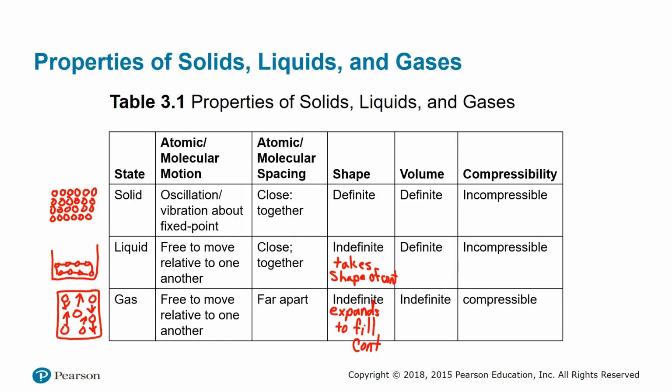So the fact that gases are compressible makes both the shape and volume indefinite, meaning the shape and volume can change. I can have the same number of molecules of a gas, but increase the pressure and make it a smaller area. Taking advantage of that property of a gas is how we get pneumatics, being able to move pistons and things like that with air.